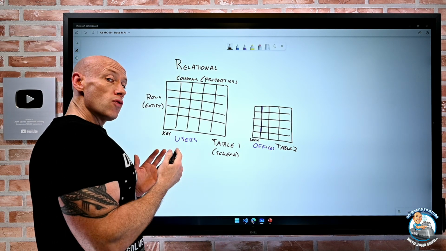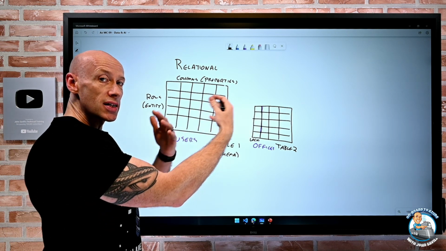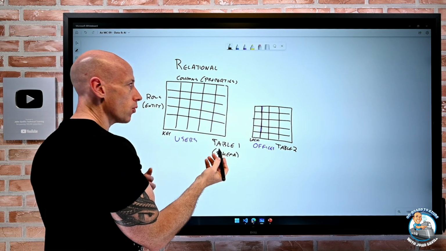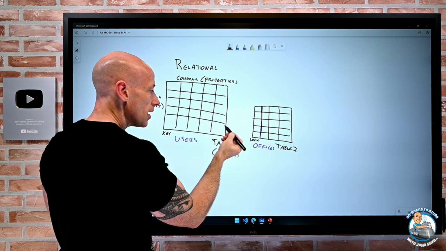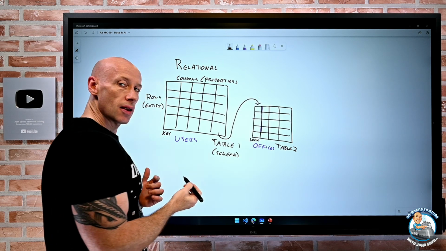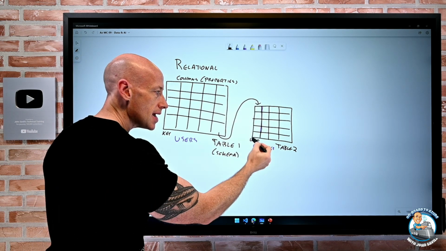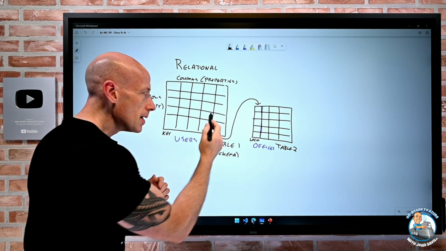And what I will do very commonly is I will reference an entity in another table from my table. So maybe this is, hey, my office ID, and my office ID would actually be a foreign key that references the key of the offices table. So I'm not having to duplicate all that data. I'm just going to reference it.